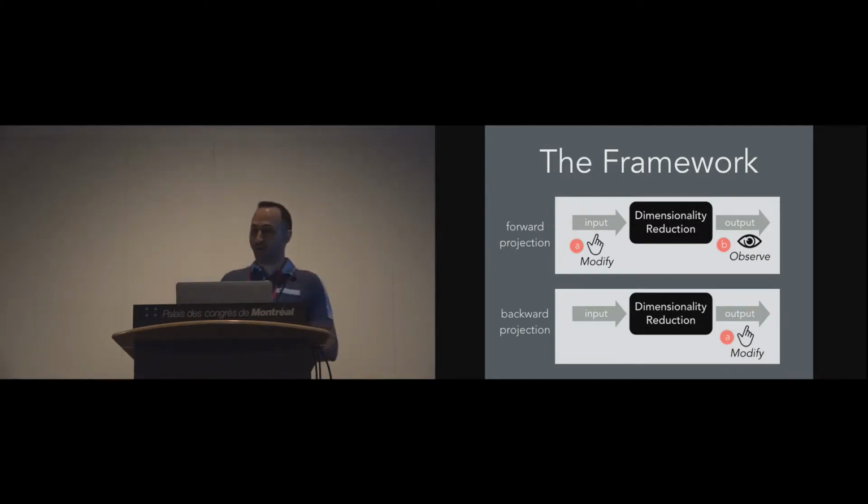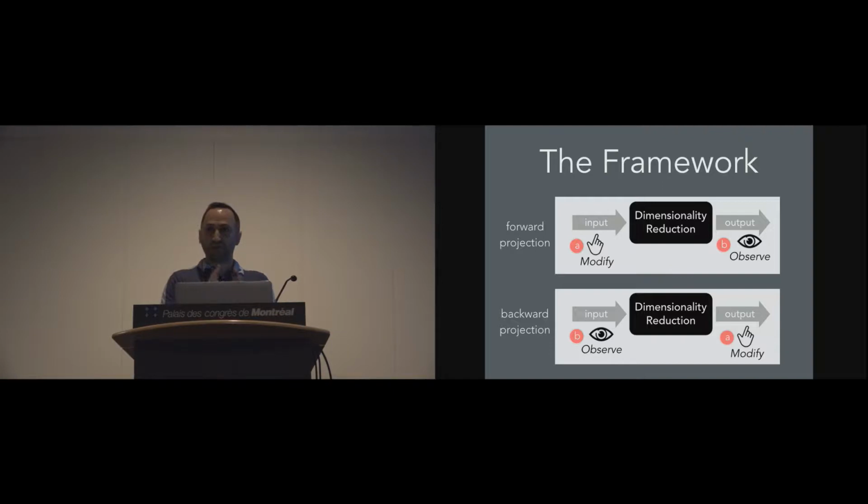In this case, we would like to enable the user to change or express a desired outcome of the model and see how the input needs to change or be synthesized so that the model generates the output. We take this framework and apply it to PCA and autoencoder-based dimensionality reductions. The rest of the talk will be about examples.